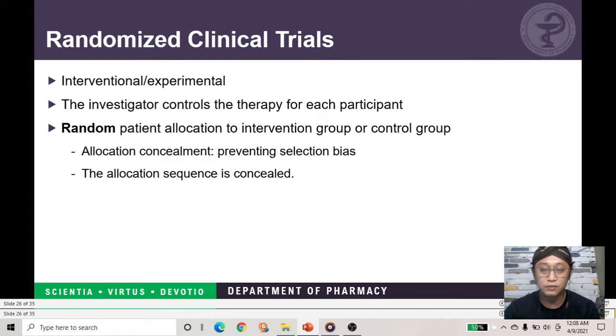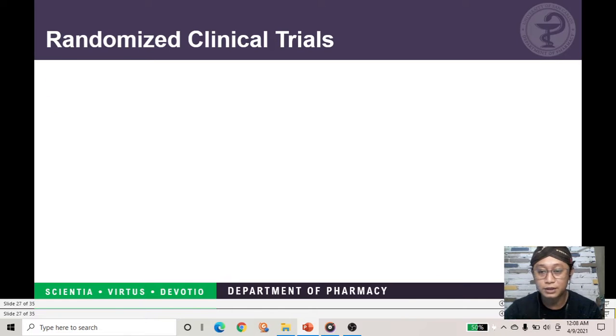So 1 is for the control group, the second is for the intervention group, third is for the intervention group, and the fourth is for the control group, and so on. So that's the sequence. To minimize selection bias, the investigator uses allocation concealment. And this is different from the blinding method that we will discuss later.